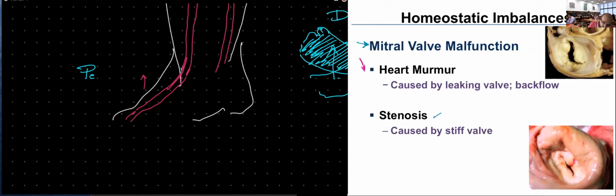So we're going to call this artery my dorsalis pedis artery. Dorsalis travels on the dorsum of the foot, and pedis is the foot itself. So the dorsalis pedis means the artery that travels on the dorsum of the foot.